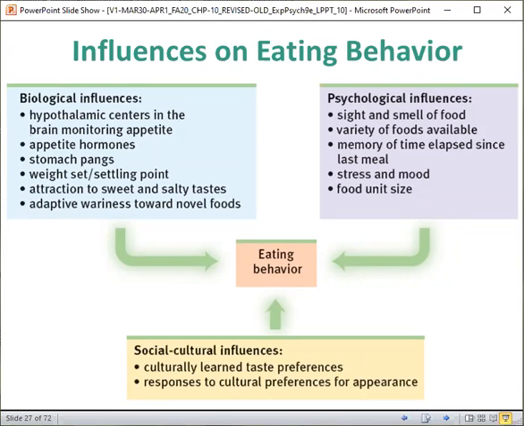And then the social cultural influences, cultural learned taste preferences for haggis, or chitlins, or pig feet, and responses to cultural preferences for appearance of food as well. So all these things are complicated, and they all have some influence on our eating behavior, even the amount of people who are around us when we are eating. All right.